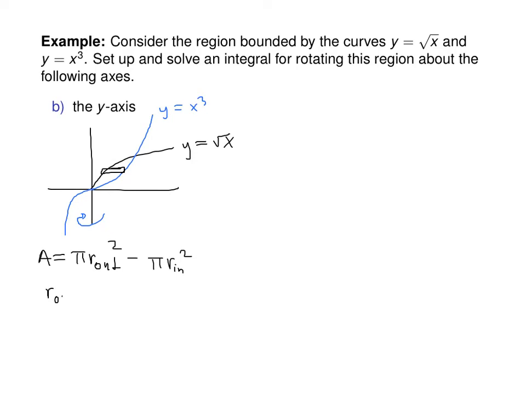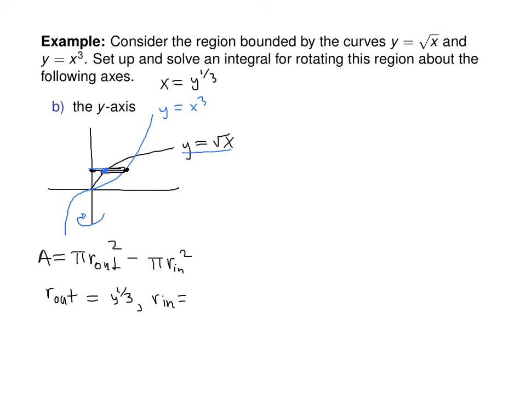Now r out is the distance from my axis of rotation to the outer curve. So the outer curve is y equals x cubed, but this distance is a horizontal. I need to have this equation solved for x. So that is x equals y to the 1/3. So my outer radius is y to the 1/3. My inner radius is the distance from the axis of rotation to the inner curve.